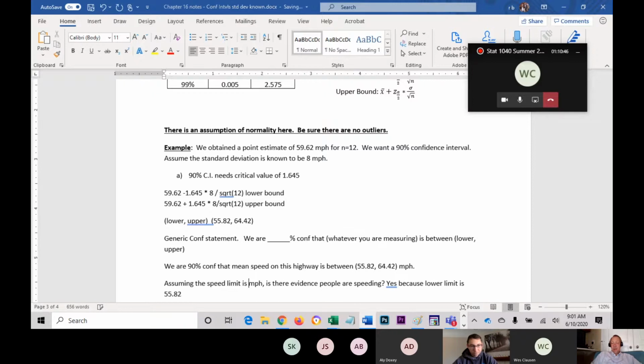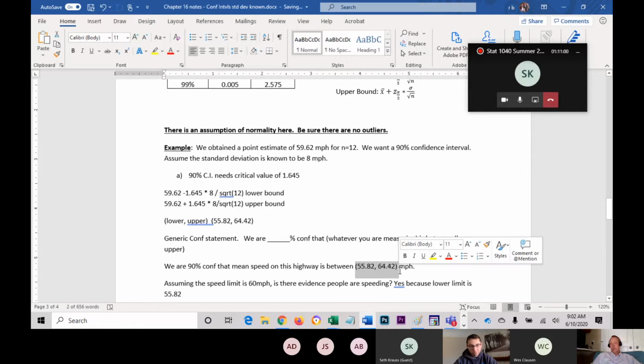If the speed limit was 60, is there evidence people are speeding? No, because 60 is in your interval, right? Okay. All right.